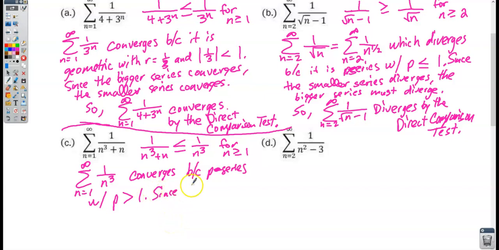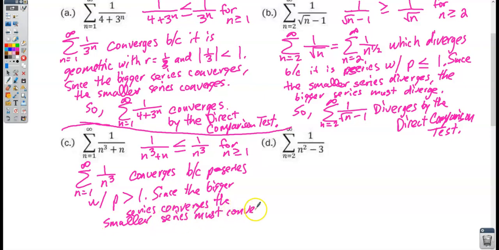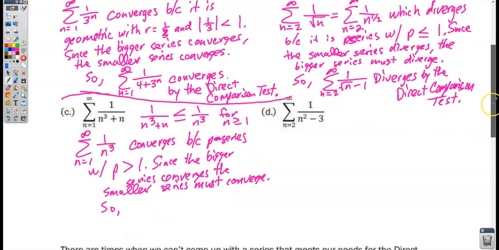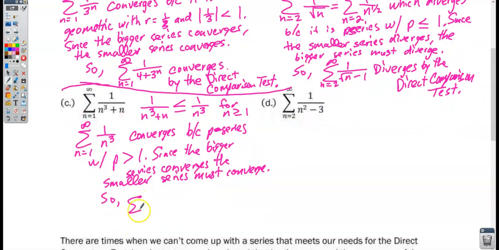Since the bigger series converges, the smaller series must converge. So the sum from 1 to infinity of 1 over n cubed plus n converges.